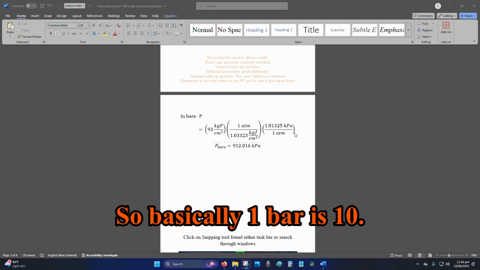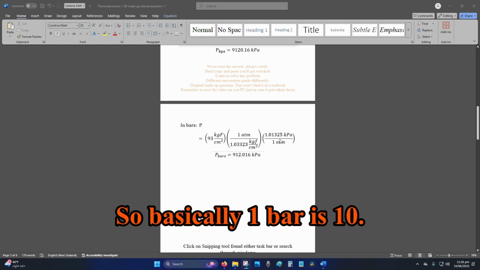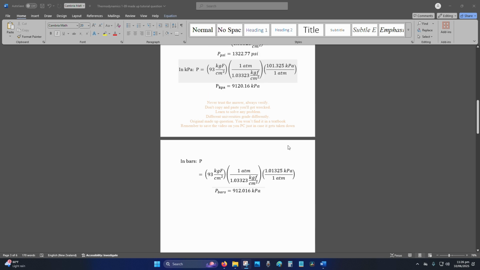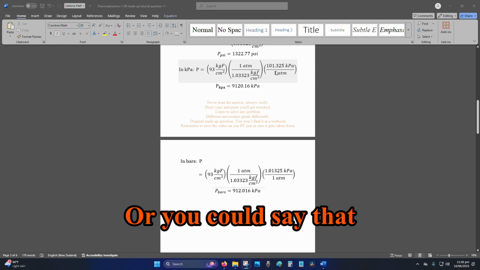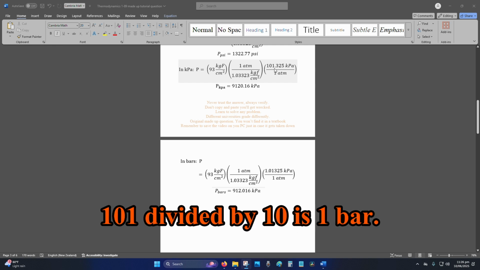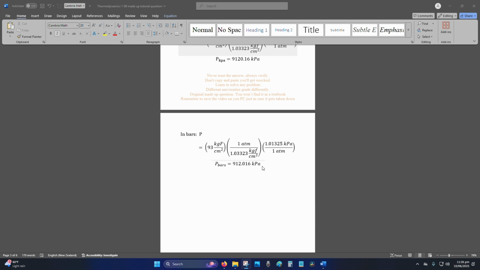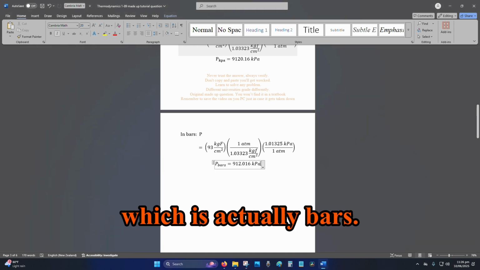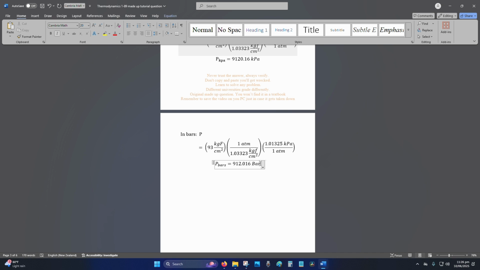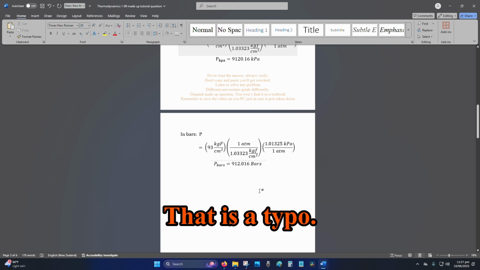So basically 1 bar is 100 kPa, or you could say that 101 divided by 10 is 1 bar, and by doing so we will get 912.016 kPa, which is actually bars. Apologies, that is a typo.